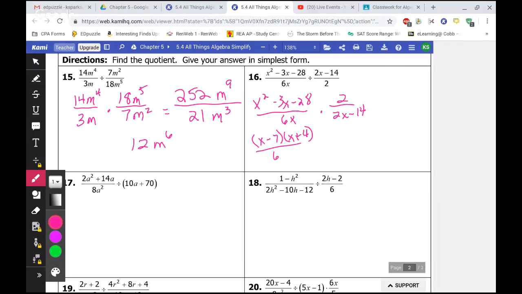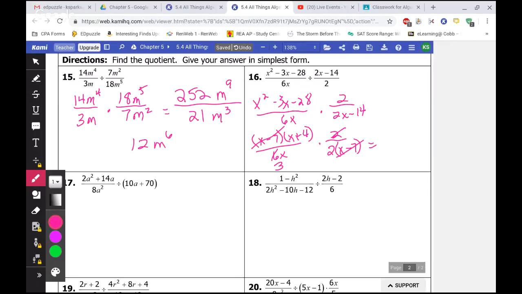all over 6x. And over here, factors, you can factor the 2 out of the denominator, and that's going to leave you x minus 7. So now we can see that the x minus 7s cancel, and this 2 cancels with the 6.